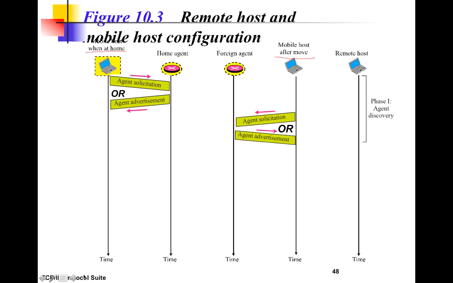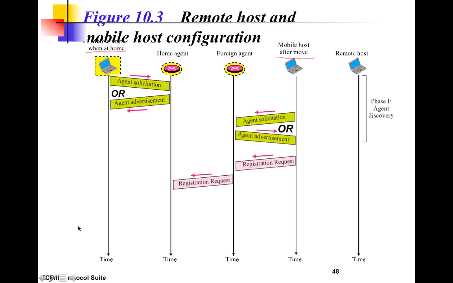This phase is called agent discovery. Once it has discovered the agent, the mobile now requests registration, right? It is requesting registration. The foreign agent contacts the home agent, does all the necessary procedures, validation, authentication, okay?